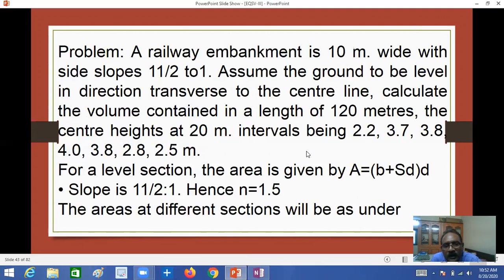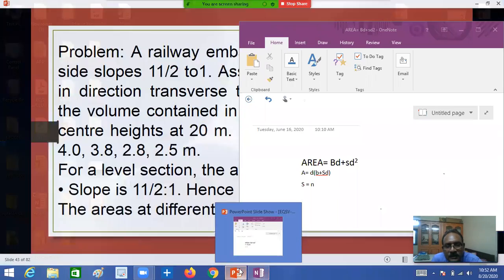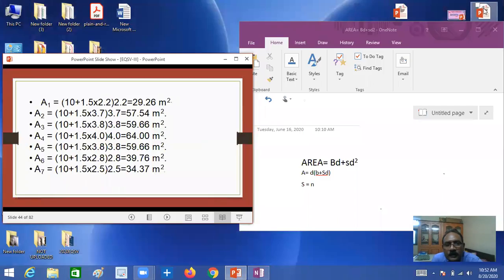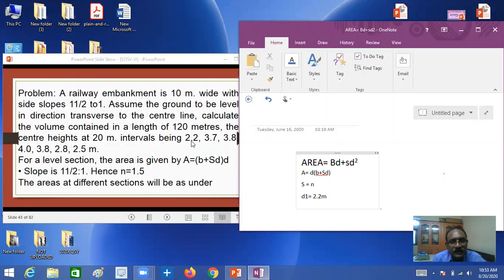Now we are going to calculate with them. What is D1 in this problem? D1 is equal to 2.2 meters, as mentioned in the problem.